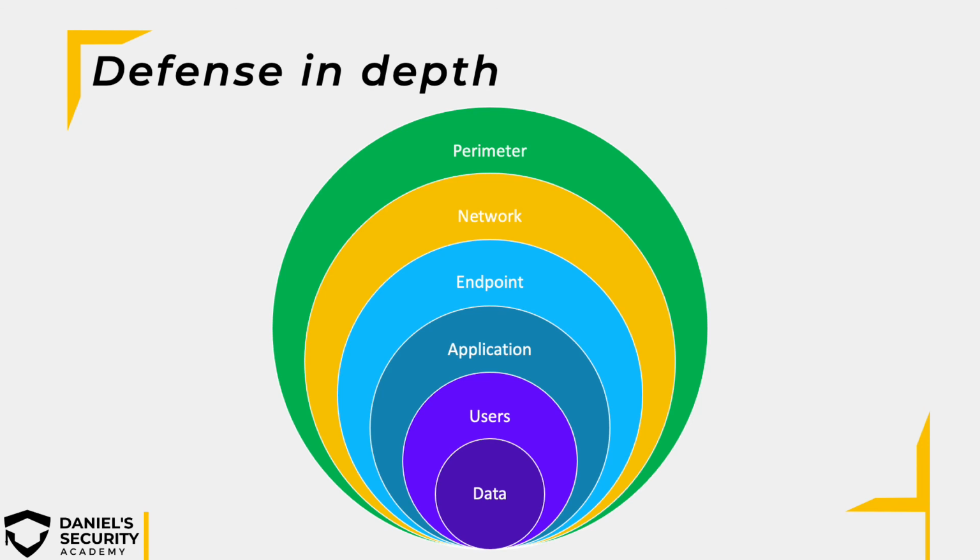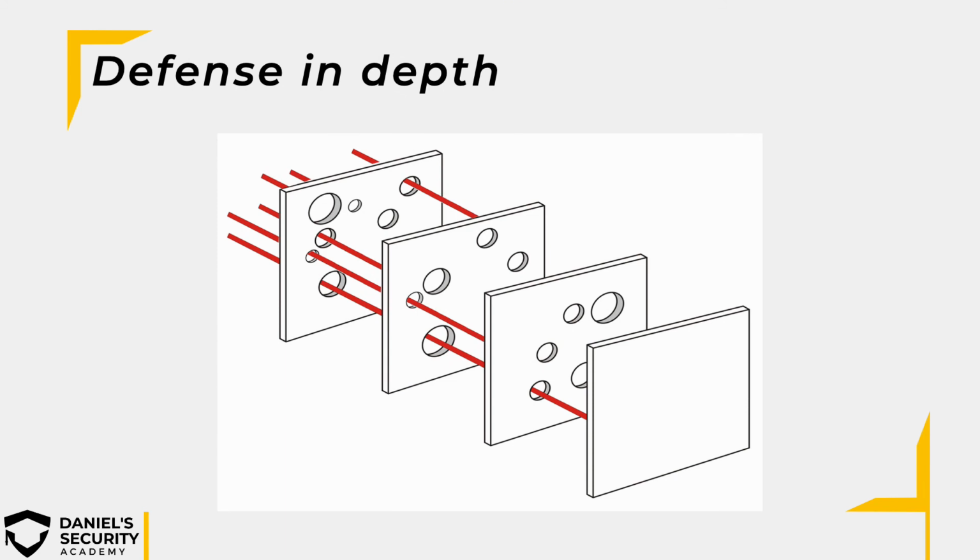Meaning, in order to get to the treasury, the data, or whatever the hacker might want from you, he or she needs to peel off this onion layer by layer and penetrate every layer to get to the destination. And I think the next image demonstrates nicely how this layered approach will deny a hacker getting to the destination, because on every layer you will have some loopholes, like you can see here in the far left plate.